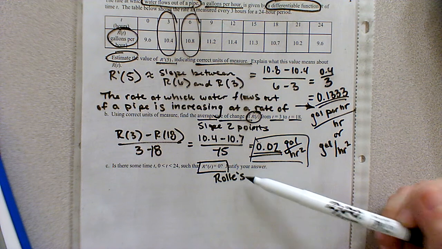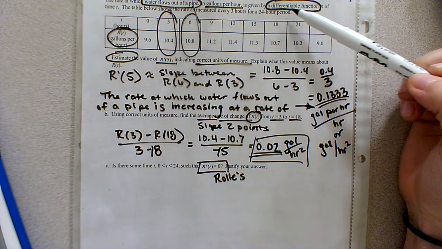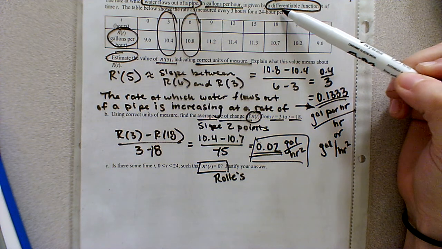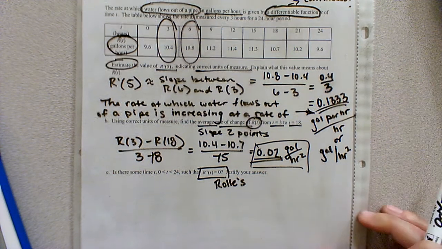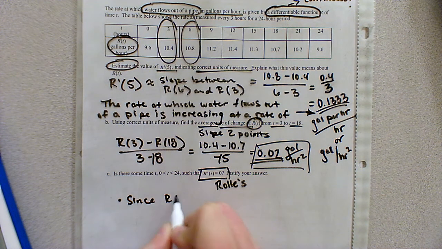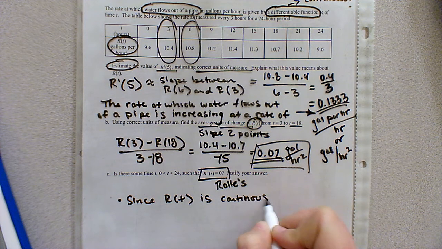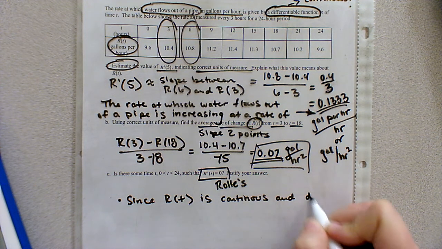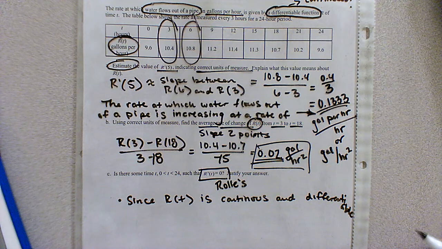So if we're going to use Rolle's theorem, we have to make sure that we fit the criteria first. So at the top, notice how they do state that r of t is differentiable, and by using that term, we also know that it is continuous. So we can say, since r of t is continuous and differentiable, we also have to check the endpoints for Rolle's theorem.